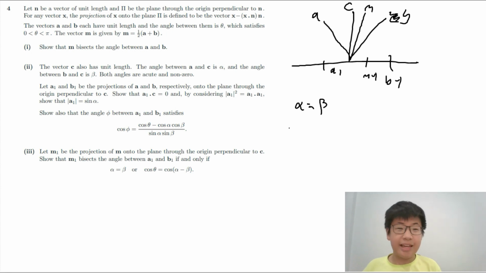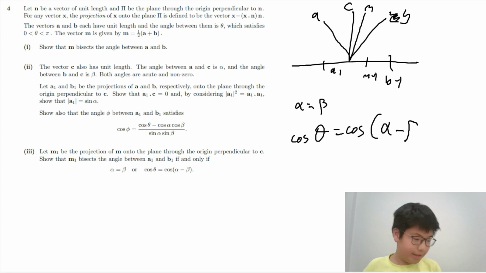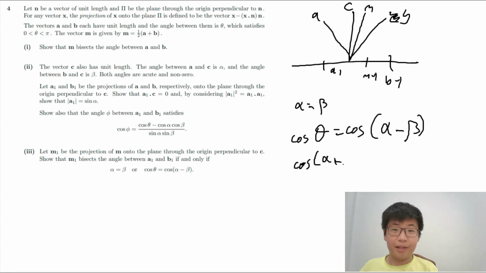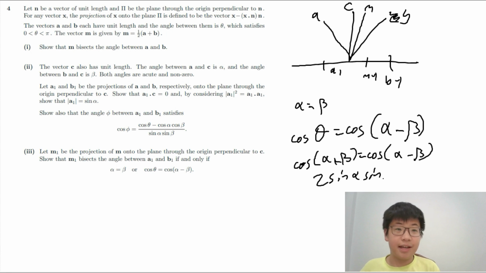So, the other case will be when cos theta equals cos(alpha minus beta). So, if you set cos(alpha plus beta) equal to cos(alpha minus beta), then you have 2 sin alpha sin beta equals 0.